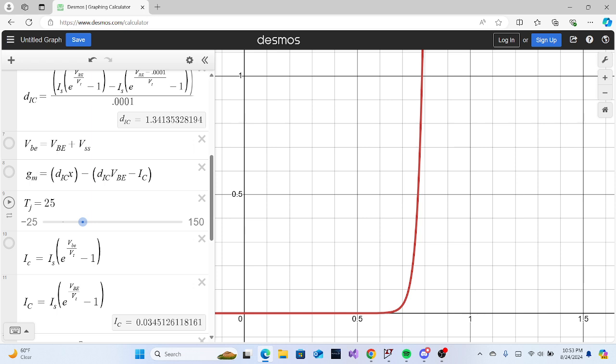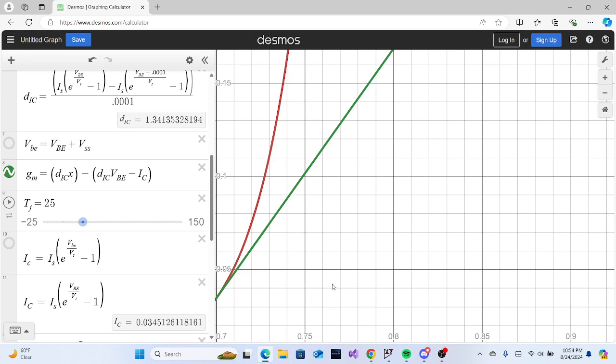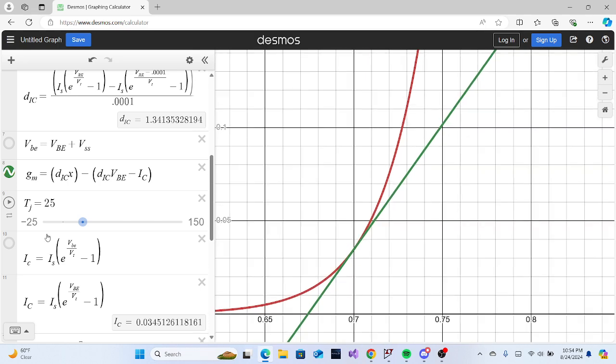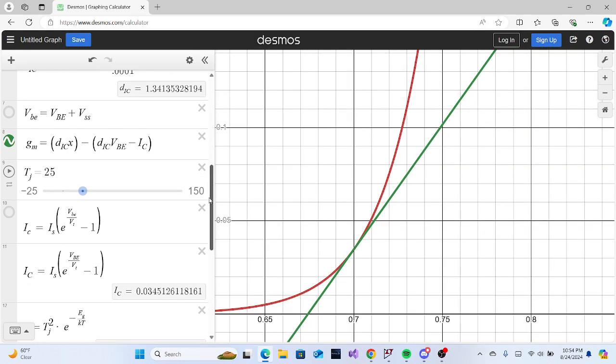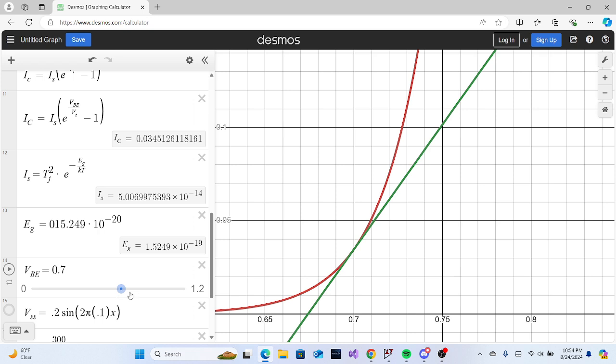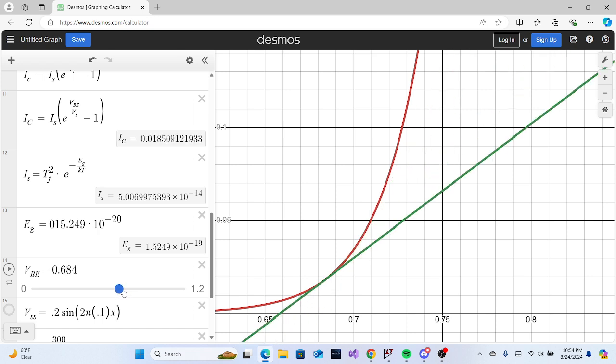GM here basically draws the derivative. So this is pretty cool. Check this out. We're drawing the derivative at 0.7 volts. But we can also change VBE, raise it, and we end up with a new tangent line.